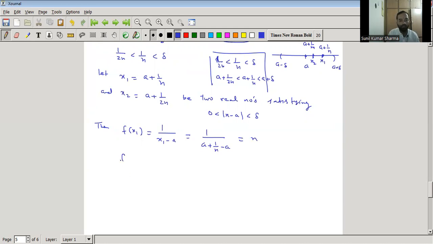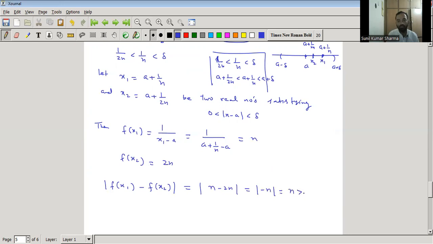What is f(x2)? Similarly, we can find this is equal to 2n. Now mod f(x1) minus f(x2) is equal to mod n minus 2n, that is equal to mod minus n, that is equal to n.